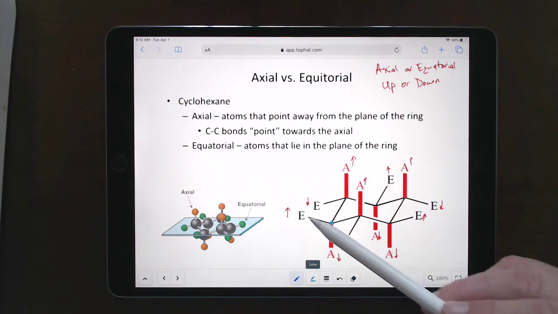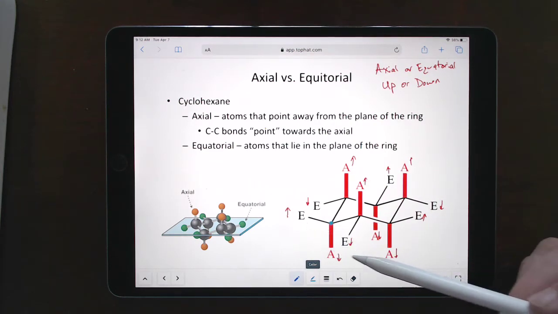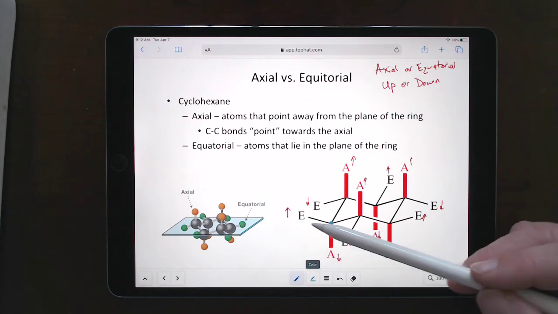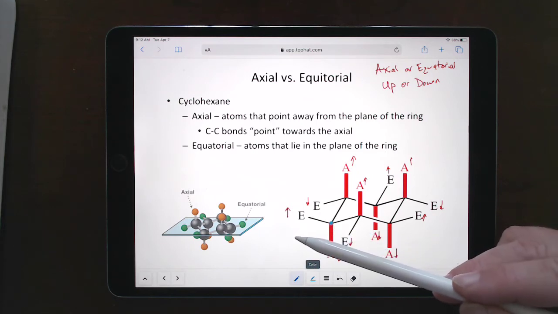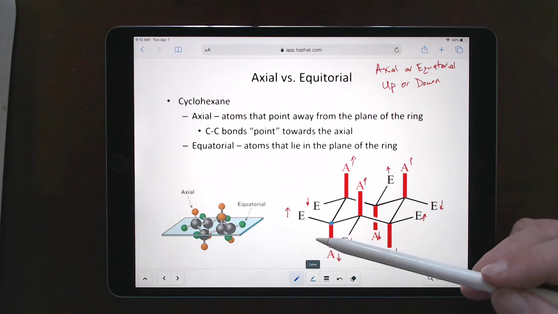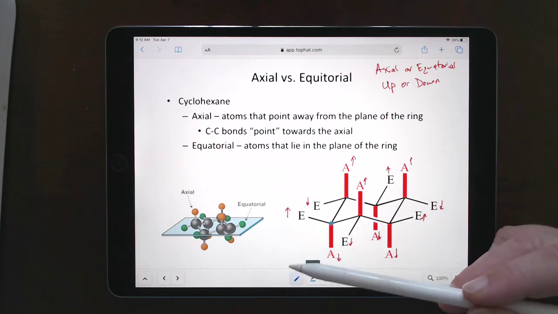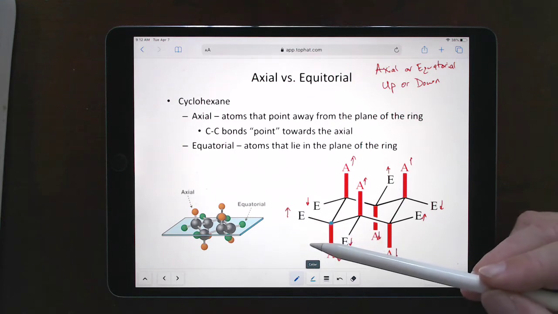If it's going off to the side, like it's pointing towards the equator, we call that equatorial. It's not quite exactly straight over. Because of the tetrahedral shape, it's slightly up or slightly down, but it's basically pointing off to the side.